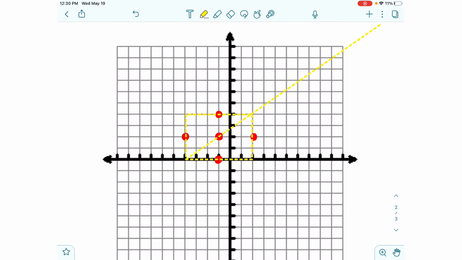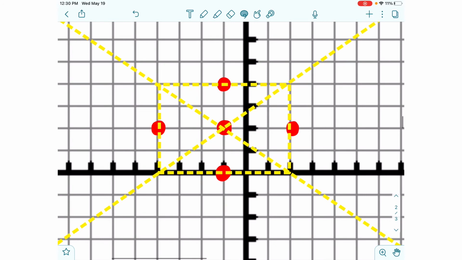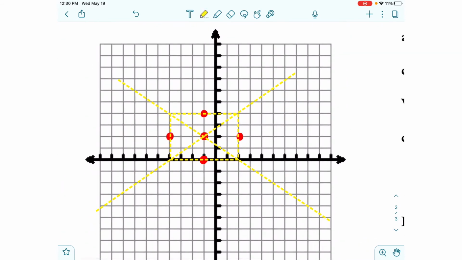You make an X through the box that goes corner to corner, so that you create these almost diagonal asymptote type things. I make it really long and then move it so that it's centered. This is a guide for us to draw the hyperbola.